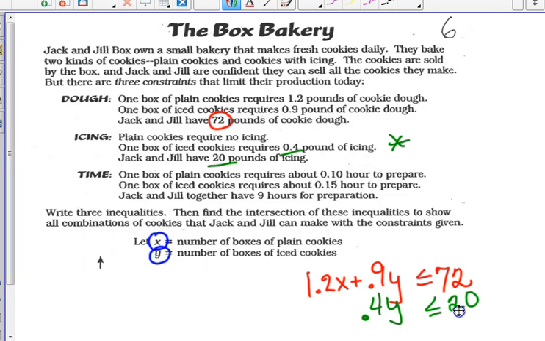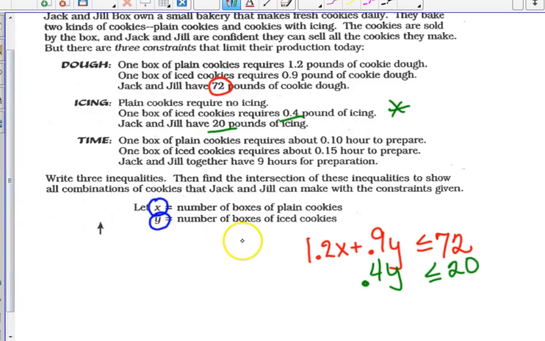Everybody okay? Now what? One more. Time to prepare. We only have 9 hours. So 0.1 to make a box of plain cookies and 0.15 to make a box of iced cookies.